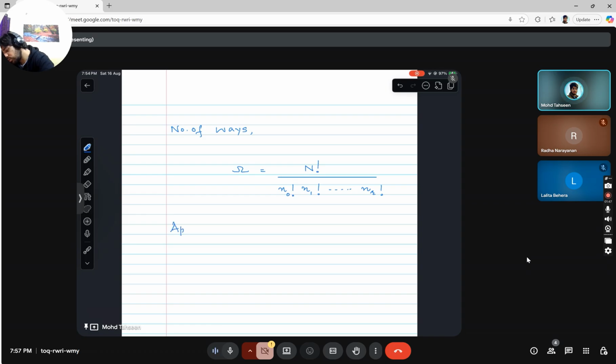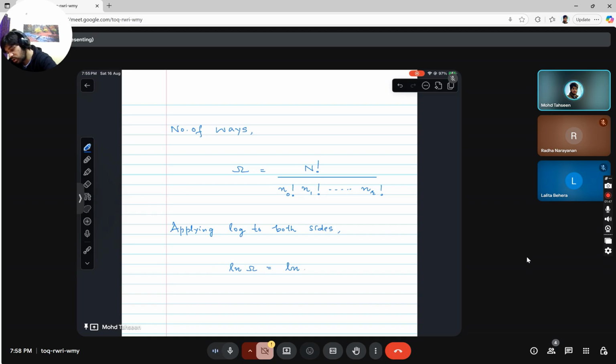Now let's apply log to both sides. We will get the natural log. So I am using the natural log here, log to the base e. I'll get log omega is equal to log of the right hand side. But I know that log of a by b is log a minus log b.